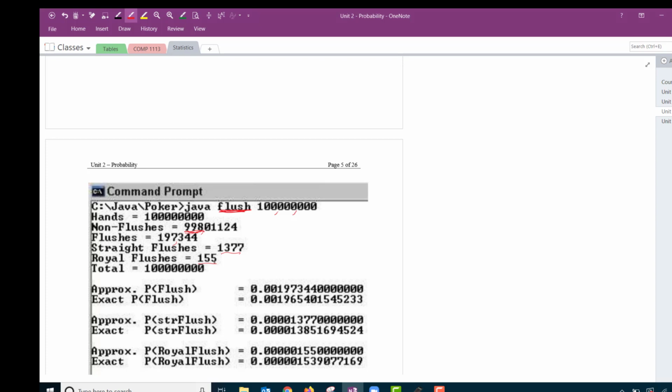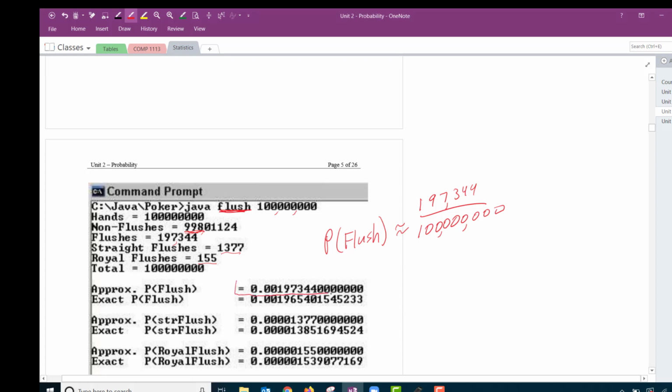So in this case, my probability of a flush is estimated to be... Oh, sorry, those are non-flushes. I'll get this right here. My flushes were 197,344, and I did 100 million hands. So that decimal is given here.